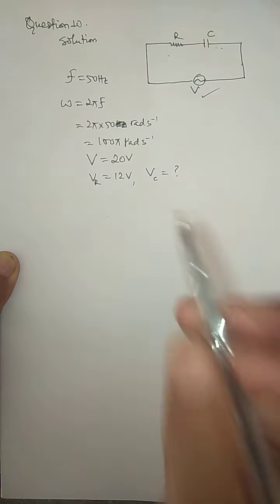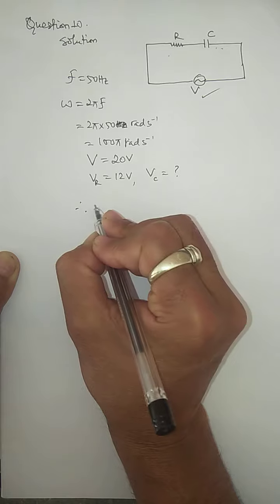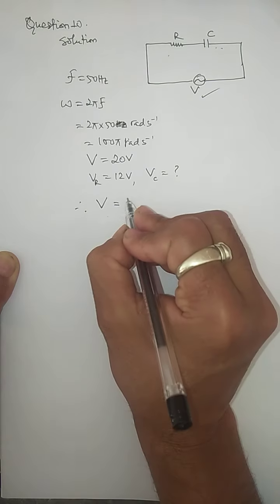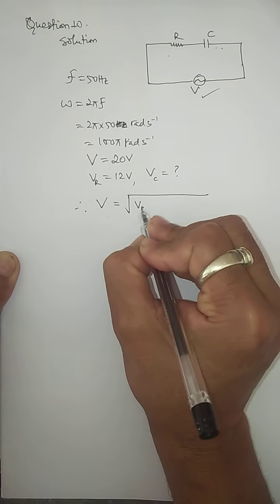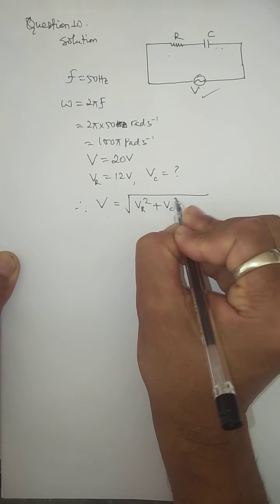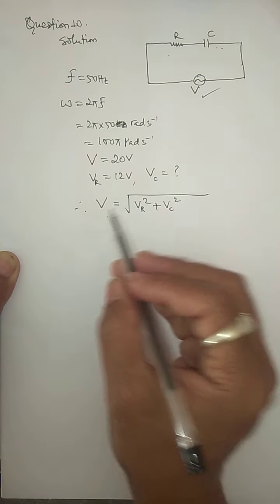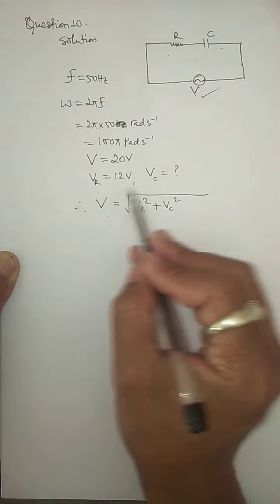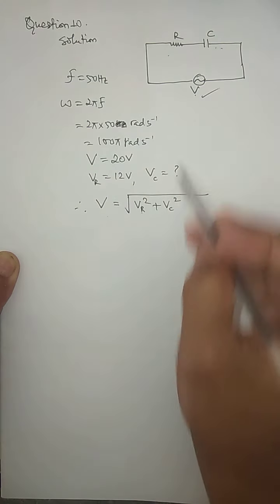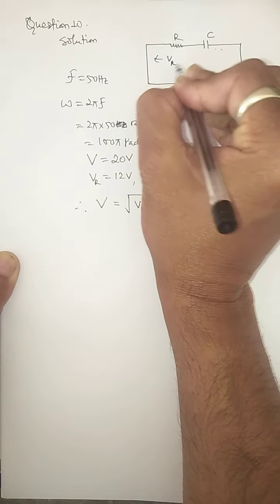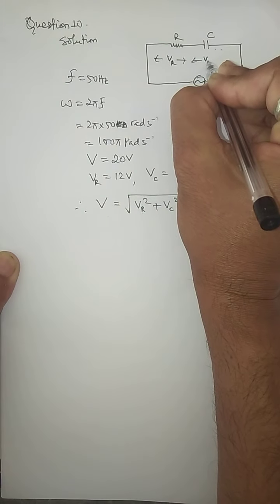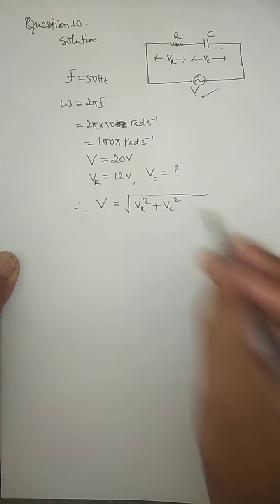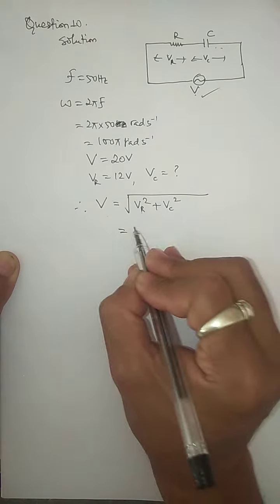CR circuit. In a CR circuit, there is a formula: the voltage V equals the square root of VR square plus VC square. So children, remember this formula. This voltage is always equal to the square root of VR square, voltage across resistance, plus VC square, the voltage across capacitance.